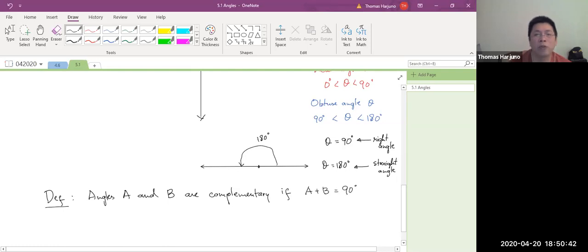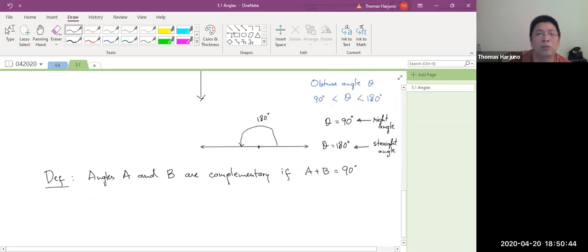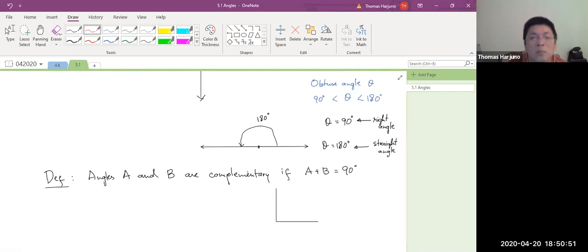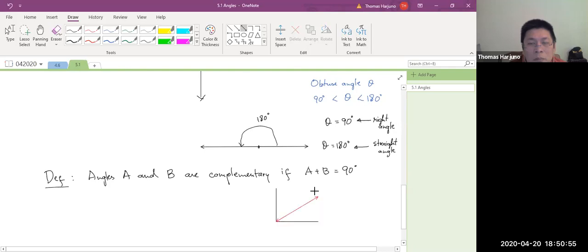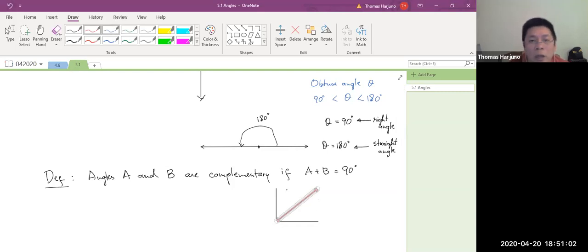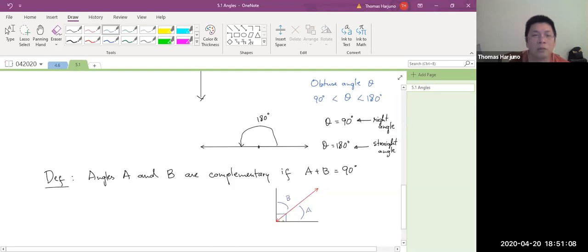Basically, they add up to 90 degrees. You can visualize it this way. Angle A here, angle B here, they add up to 90 degrees.